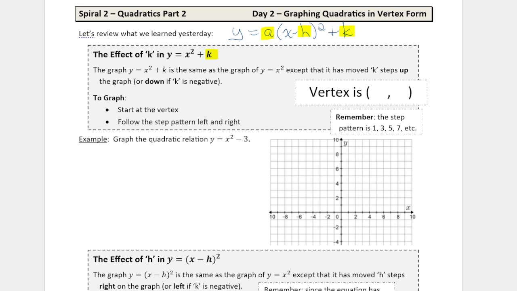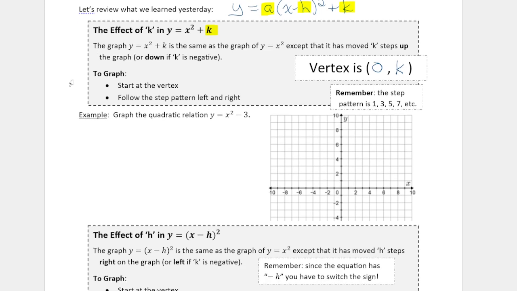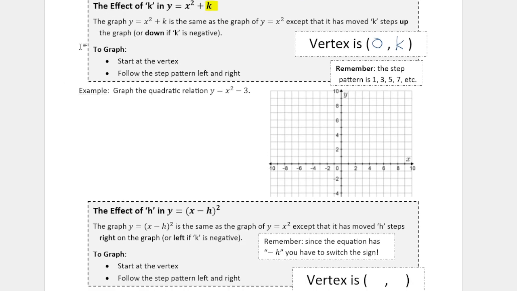So it's going to change our y value when we're graphing, so that's going to move our vertex. Since it's only moving up and down, the vertex of our normal graph is (0, 0), so the x is still 0, but the y value of the vertex is going to be k. That's all that really changes. Our vertex is going to get graphed at the point (0, k), and then we follow the step pattern just like normal to graph it.